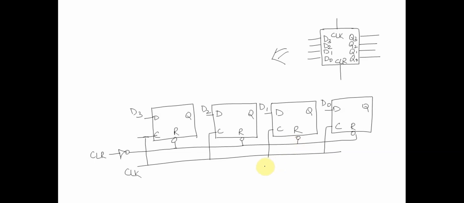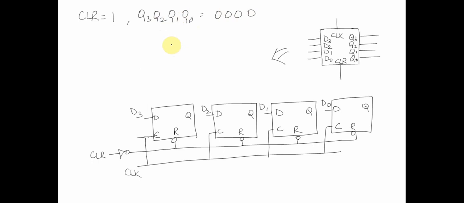Now if we look at this circuit, whenever clear is equal to 1, as the name says, clear, reset for these flops would be active, and all the outputs Q3, Q2, Q1, Q0 are 0, 0, 0, 0.